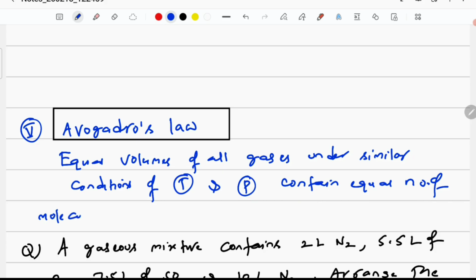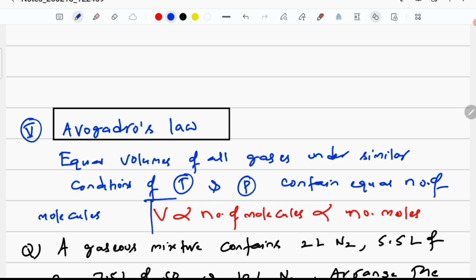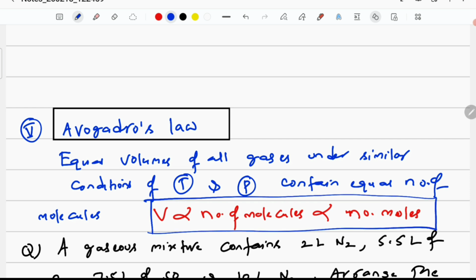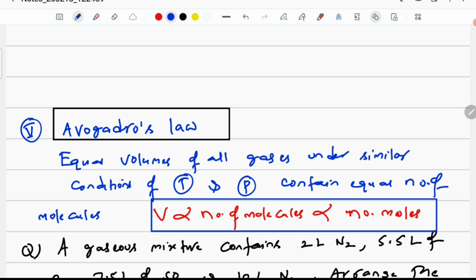So here we can write, volume is directly proportional to number of molecules. And we know number of molecules and number of moles are directly proportional. So you can specify volume is directly proportional to number of moles indirectly at same temperature and pressure. That's what they mentioned in this statement.